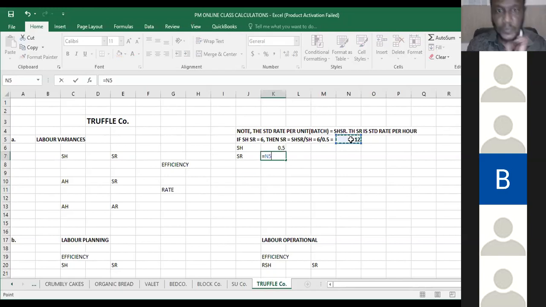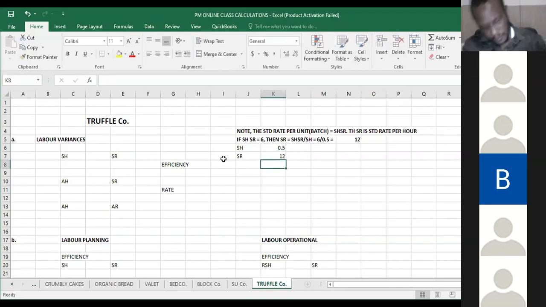Now we go on and pick the remaining things we need. What else do we need? Our revised standard. What did they tell us? All right, so they said Truffle has a budgeted production of 24,000 batches. I never need budgeted production, but actual production is 2,500.